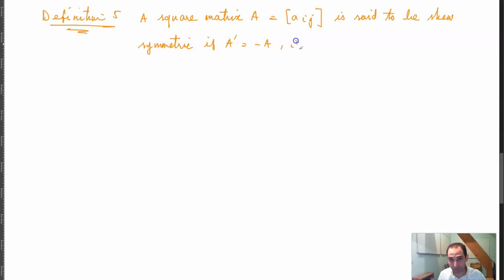That is, if I take A as A of ij, then A transpose becomes A of ji, and that is equal to negative A of ij, right? That is, A of ji is equal to negative A of ij for all possible values of i and j.